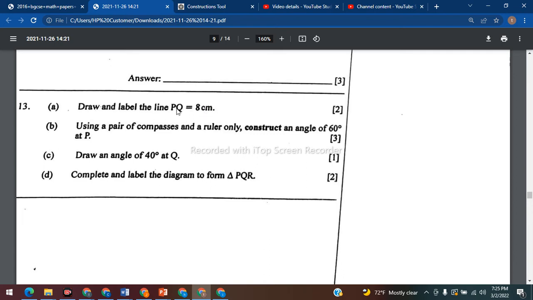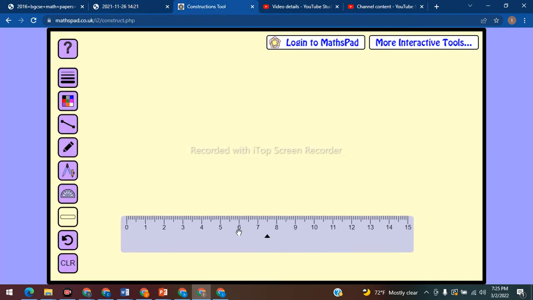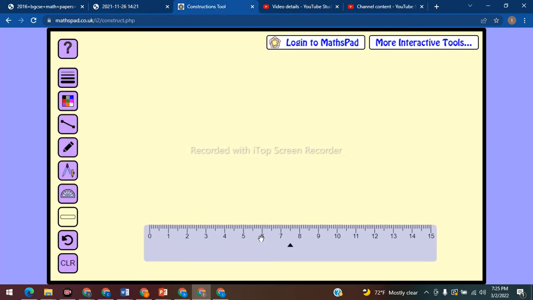So this has to be 8 centimeters, right? So let's put it right here, like so. It has to be 8 centimeters, so it's going to start at 0 and go all the way to 8. First one was easy.